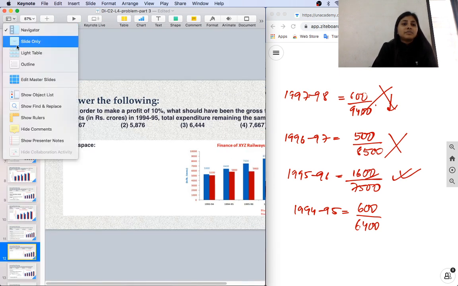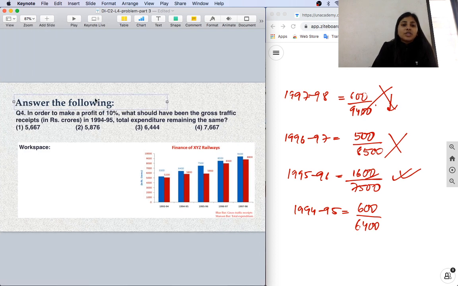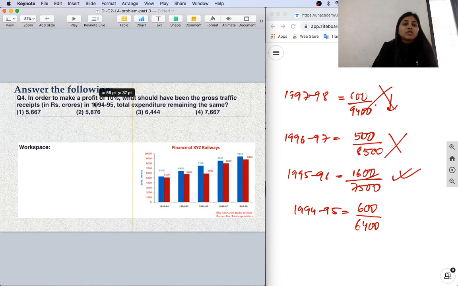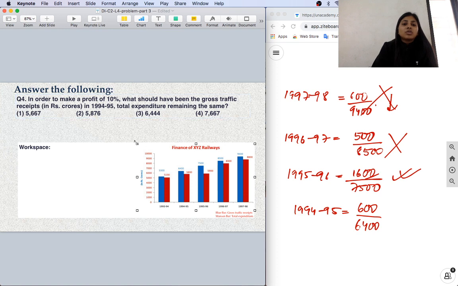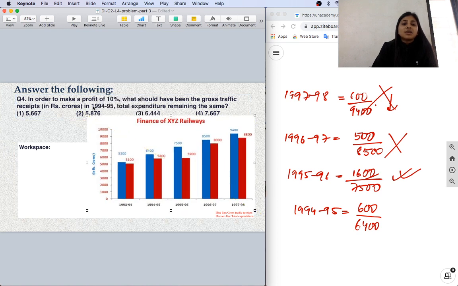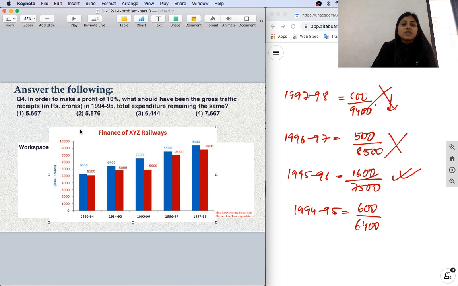Next question. In order to make a profit of 10%, what should be the gross traffic received in crores in 94-95, total expenditure remaining the same?